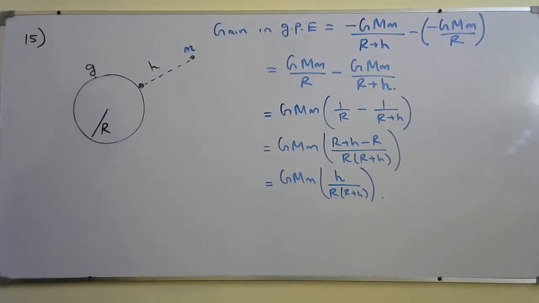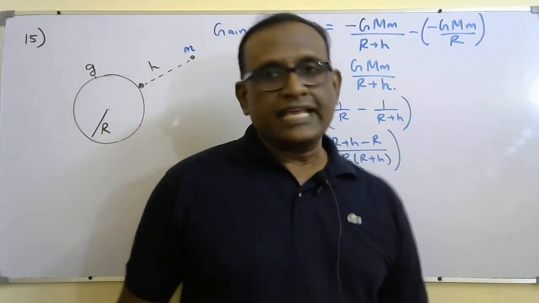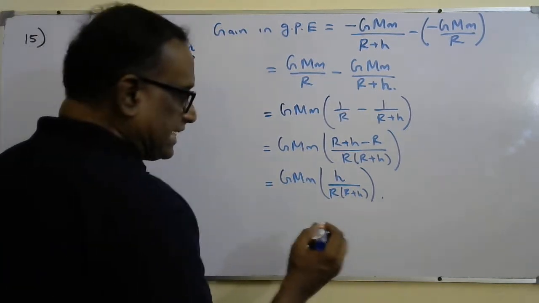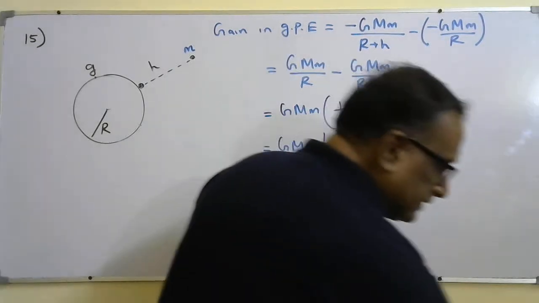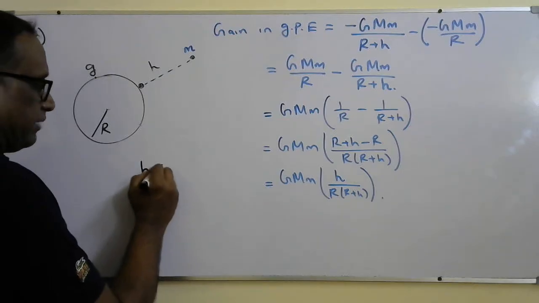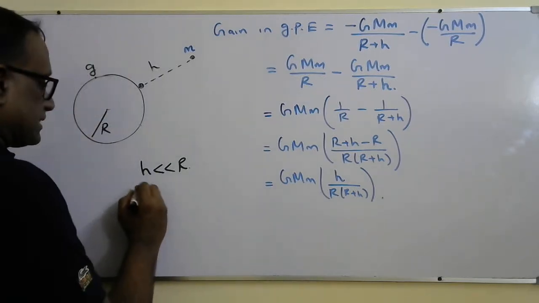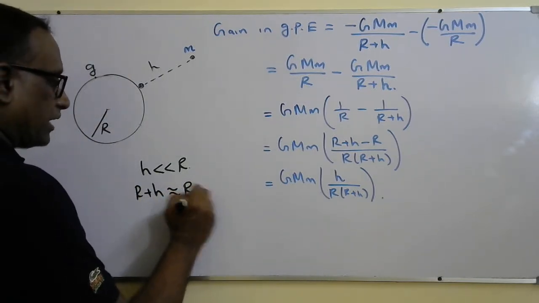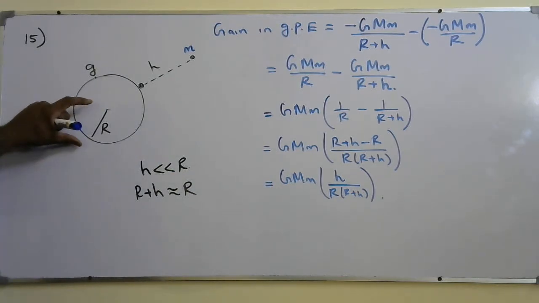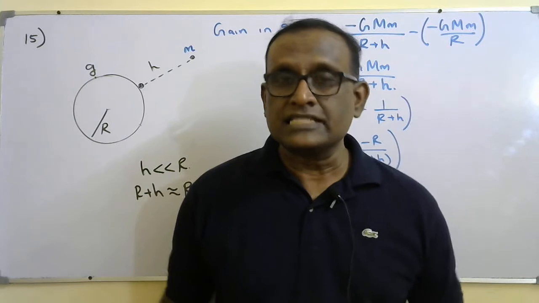Now we are going to do the approximation. In unit 1, we don't consider much larger distances. If the radius of the planet is R and the height h is very much smaller compared to the radius of the planet, then we can say R plus h is approximately equal to R. The radius of the Earth is almost 6,400 kilometers.